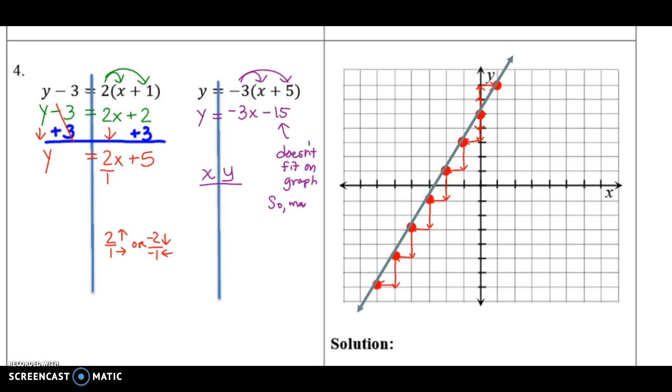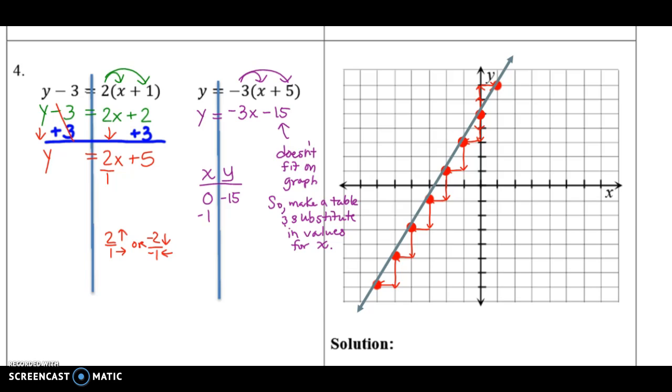I know if I were to plug in 0 for x, negative 3 times 0 minus 15 would result in negative 15. So 0 and negative 15 will be my first set of values in the table.